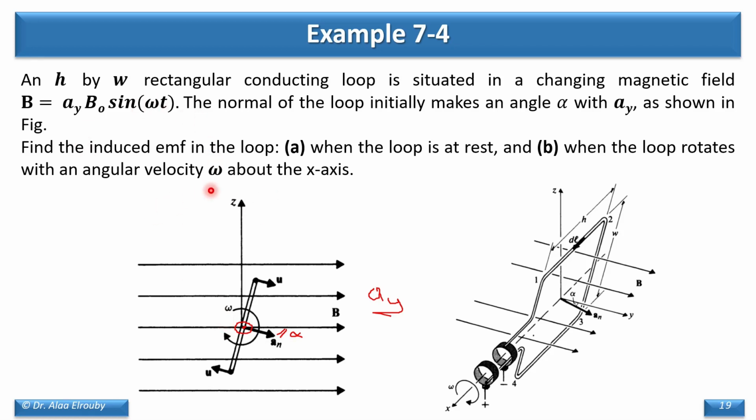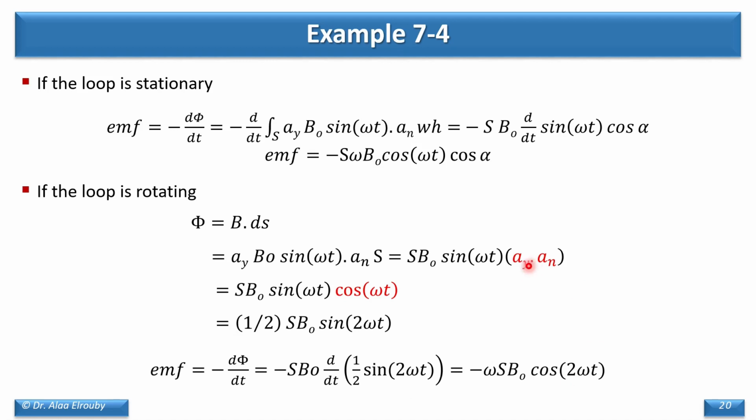Omega is in radians per second, so it will be omega t. The angle will be whatever plus omega t, because it is varying. So it can be cosine omega t, or cosine omega t plus alpha. It will not make a difference.